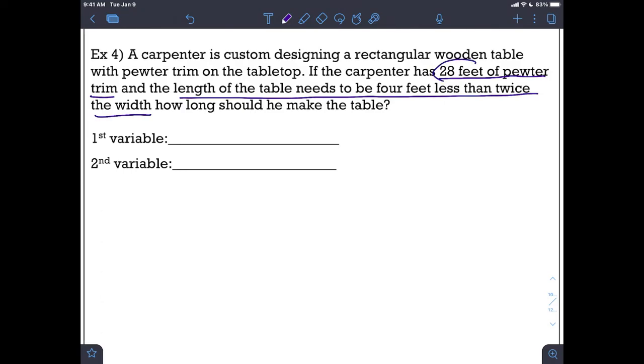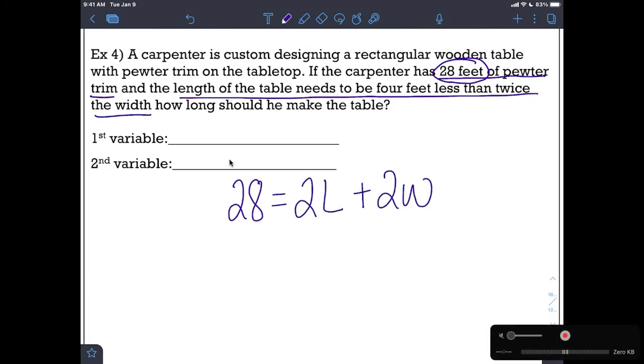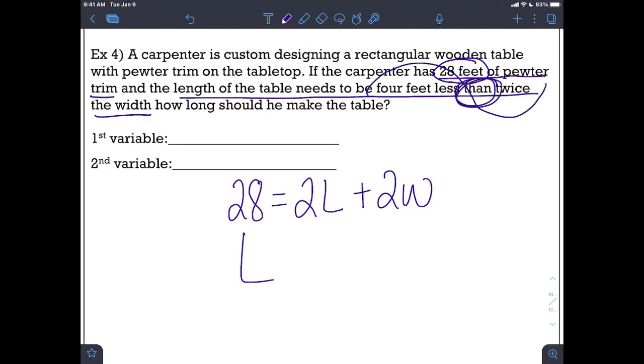My perimeter is always 2 times my length plus 2 times my width. They also gave us another relationship between the length and the width. They said the length of the table needs to be 4 feet less than twice the width.